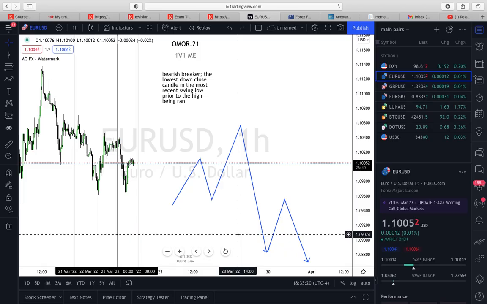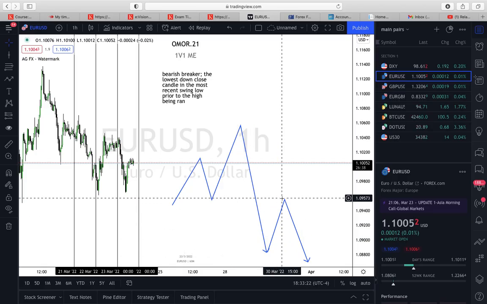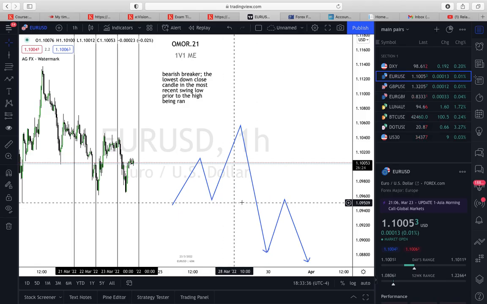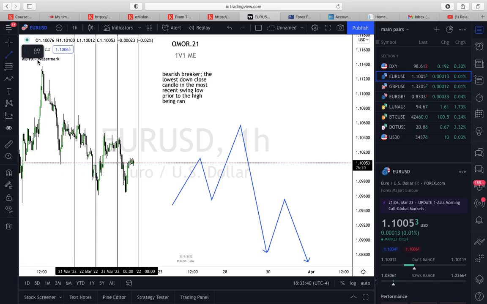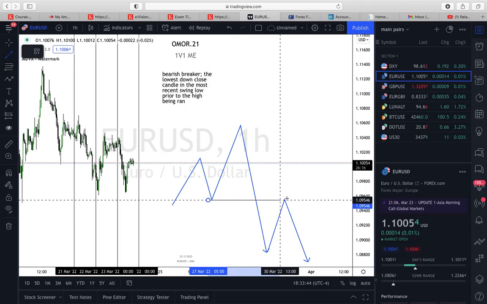This happens every single day. There has to be a breaker. When we start looking for examples, there will be a breaker. There's always a breaker because every single day on the lower time frames there is always a break of market structure. So this is your breaker.